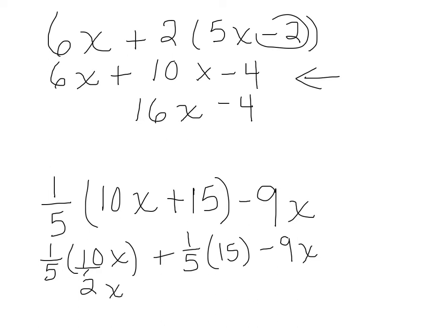You are welcome to do that. So 2x plus 1/5 of 15 is 3 minus 9x, and to simplify that, the sign stays with the term, so 2x minus 9x is negative 7x plus 3.